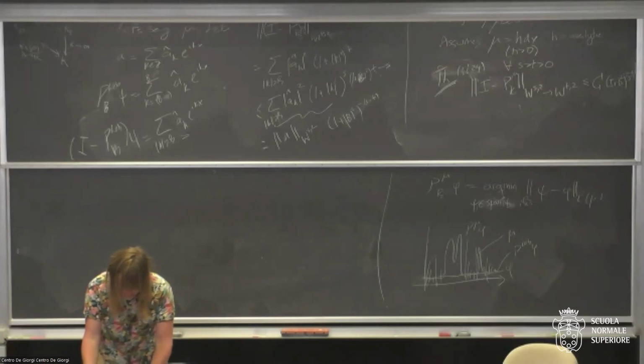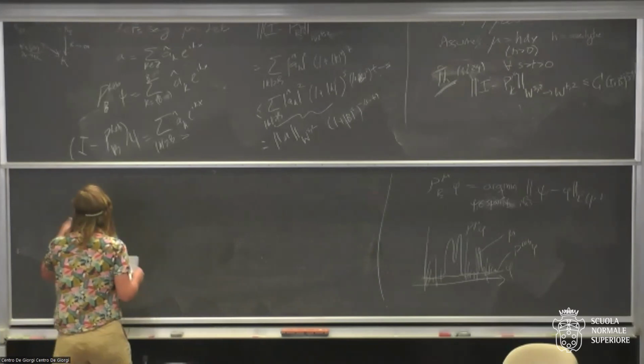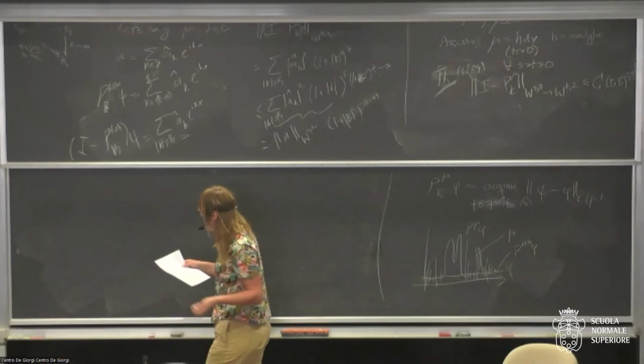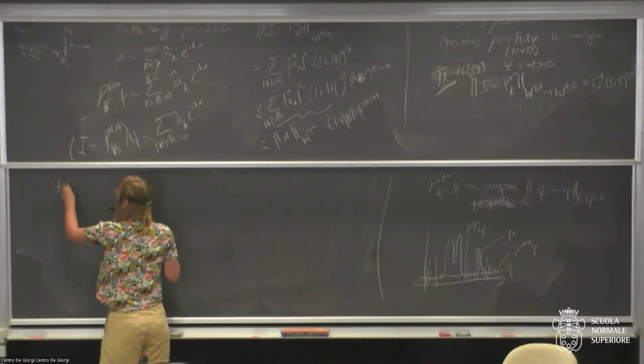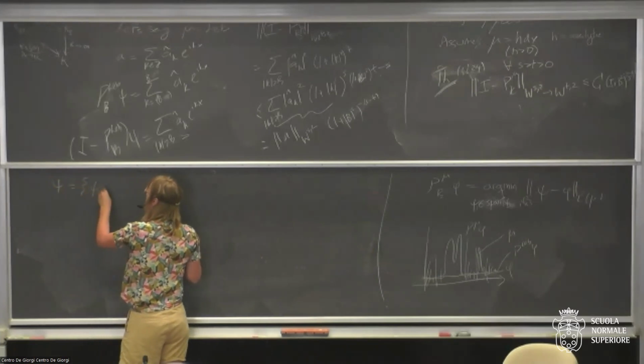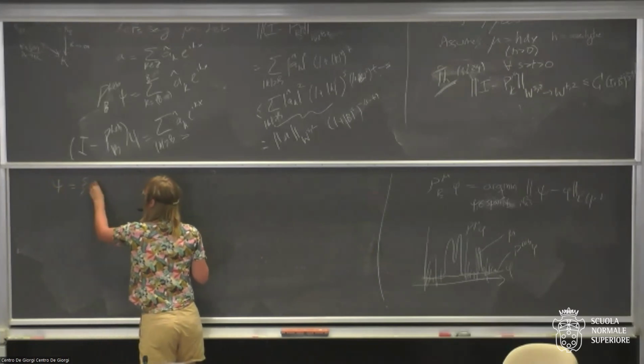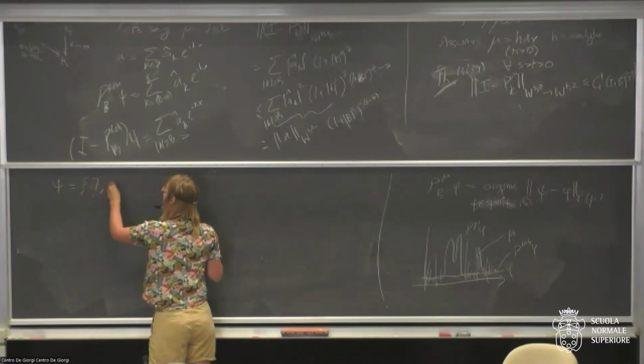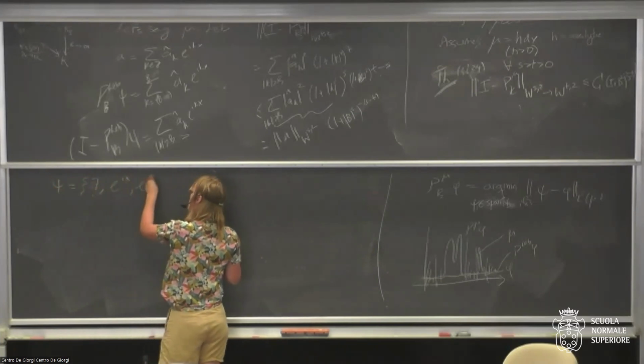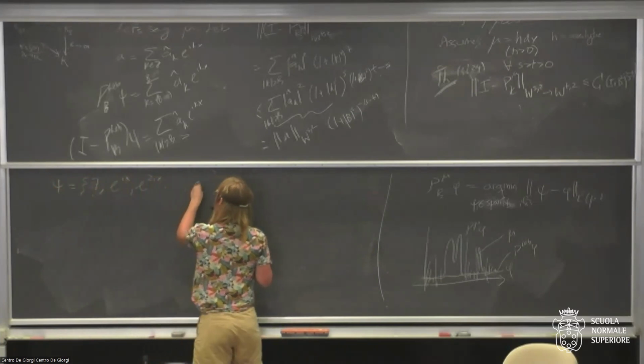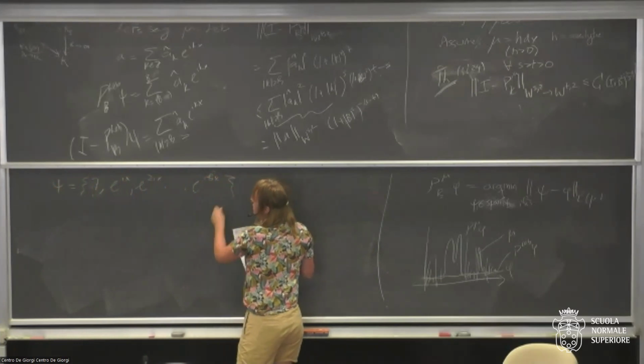Here we are. So let's imagine that we're only going to look at, changing our basis again, our basis is going to be 1, e to the ix, e to the 2ix, and so on and so forth up to e to the ibx. We could include the lower ones.